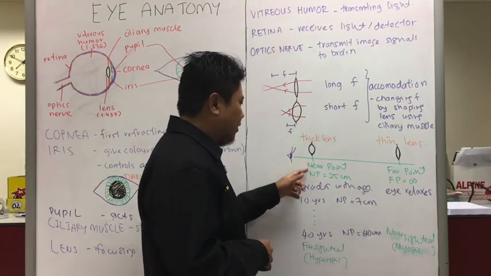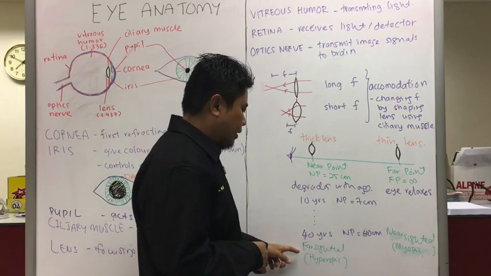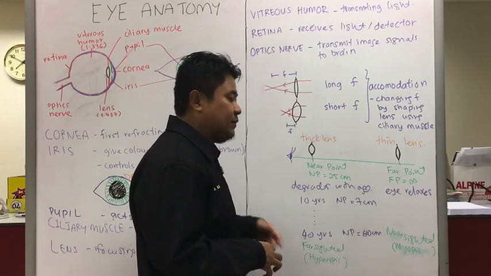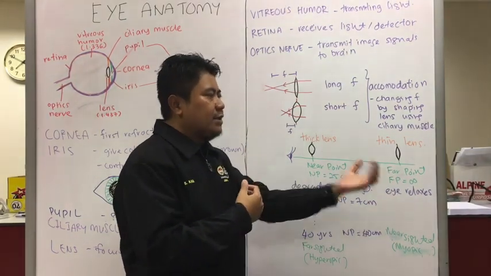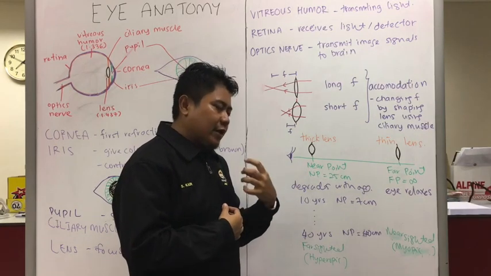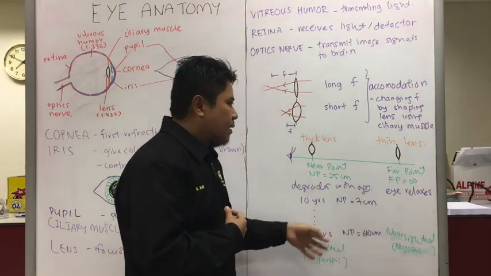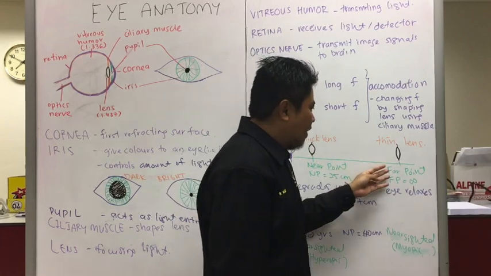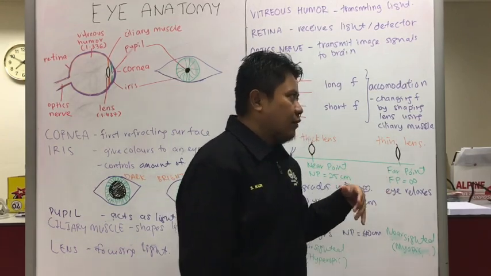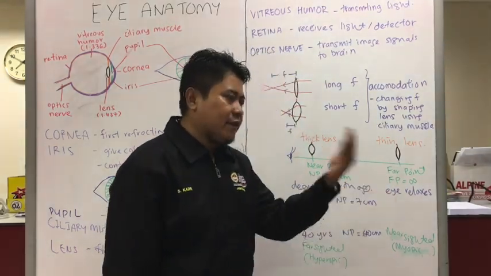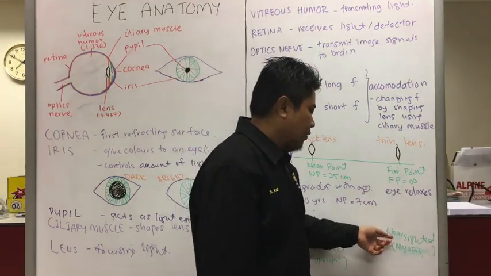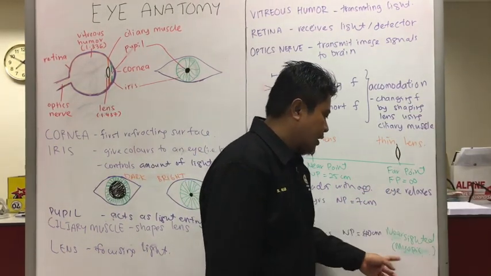For people who have a problem with the near point, we say they have far-sighted vision. That means they can see far objects, but they cannot see nearby objects. But for people who have a far point problem, that means they cannot see something at infinity. We say they have near-sighted vision, which is myopic.